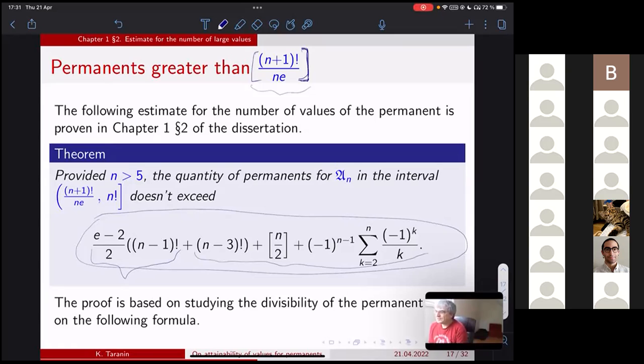But if the matrix is from negative ones and ones, is it a unique matrix where you achieve the maximal value of the permanent, or do you have more classes? Isn't it obvious? We have just 10 factorial summands, and each summand is 1 by absolute value.